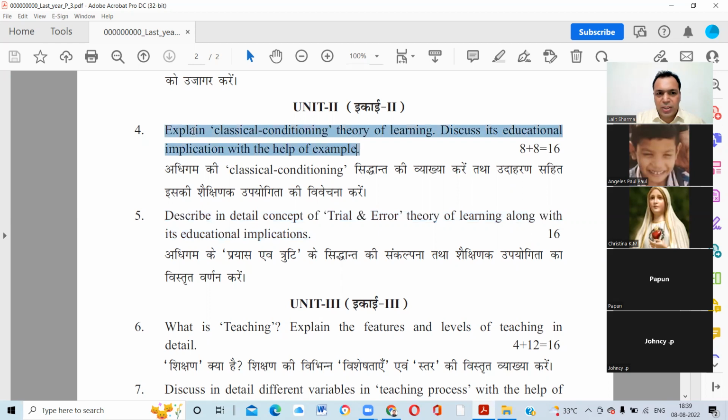Similarly, see question number 4. If the classical conditioning theory comes, then what you have to define? You have to define the classical conditioning theory. You can define the experiment, and the most important part is, you can make the diagram or you can explain how once the stimulus is given, the dogs get the response.